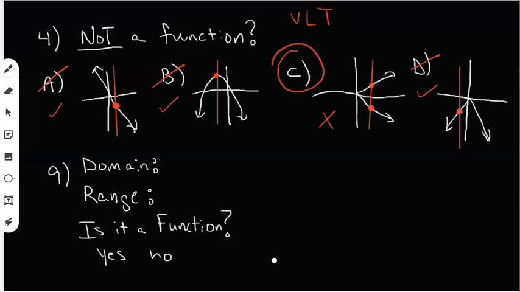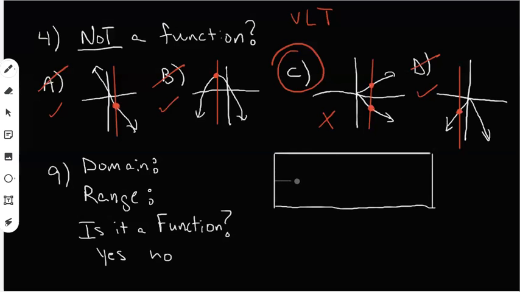So for this function, we're given a chart. We're given a little chart over here. We have all the x values on top, so I'm going to put all the x values on top. And we have all the y values on the bottom, so we're going to put all the y values on the bottom.